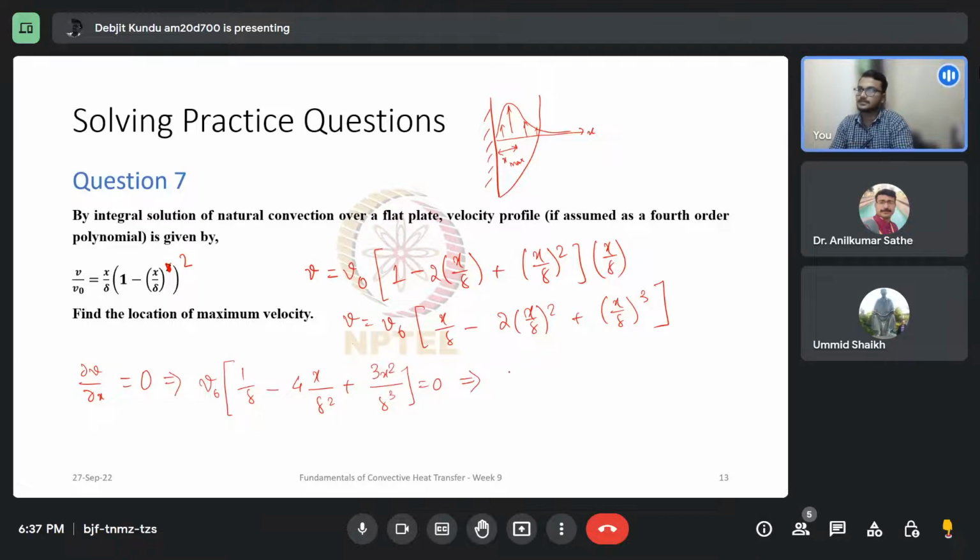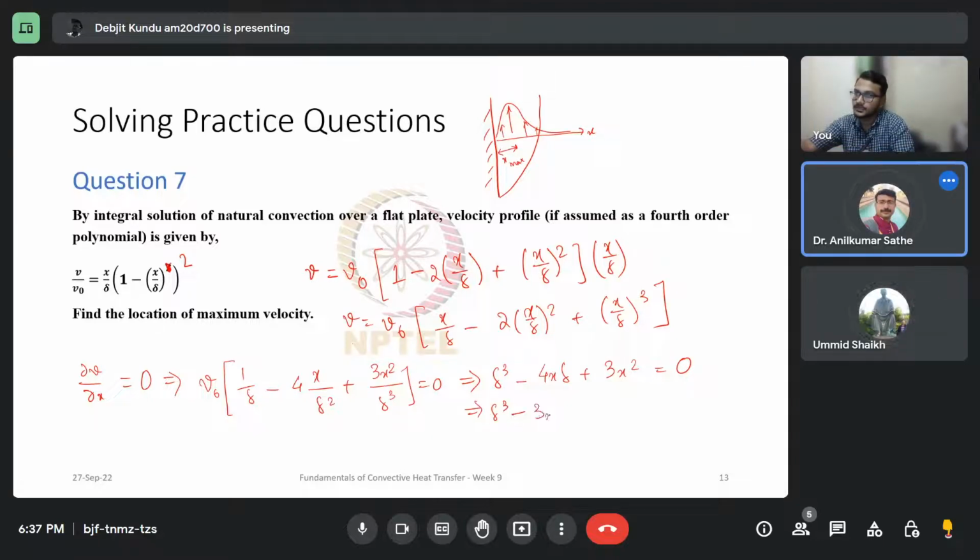Now simplifying this, it becomes delta squared minus 4x delta plus 3x squared equal to 0. Now we can factorize this. So how can we factorize? We can take 3x delta over here and x delta over here plus 3x squared equal to 0.